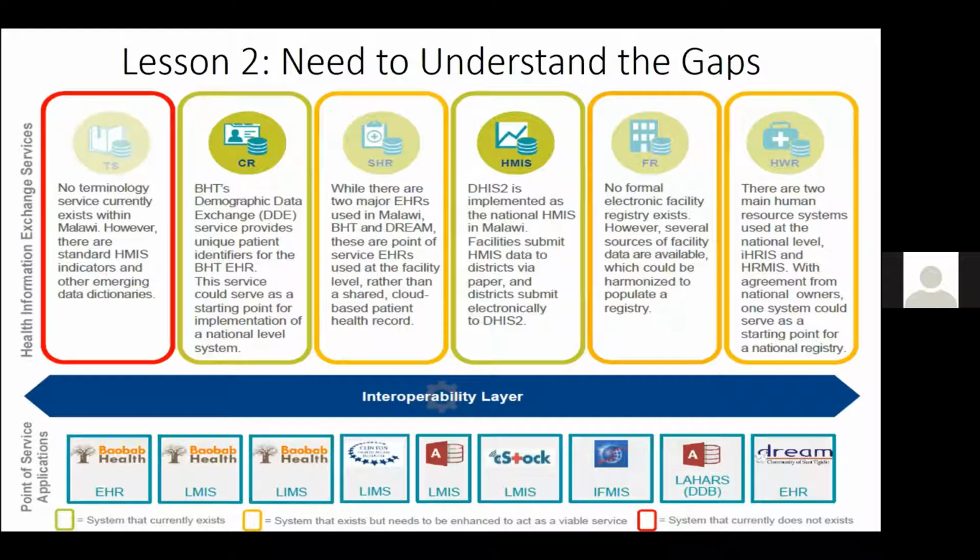But you can see in the blue that there were a number of components that were not there, like the terminology service. However, we had other components that were there but not completed. For example, the health worker registry, it was there.